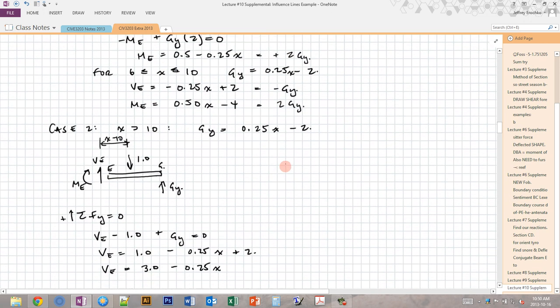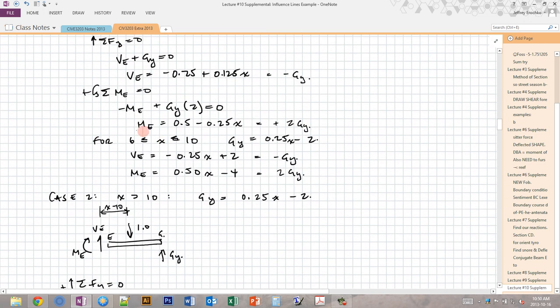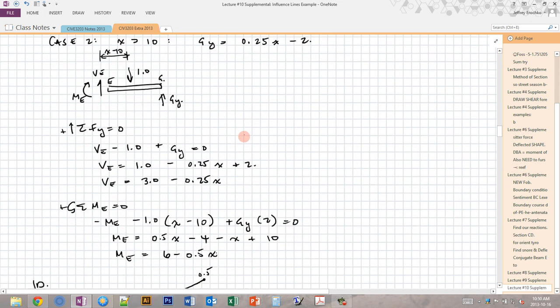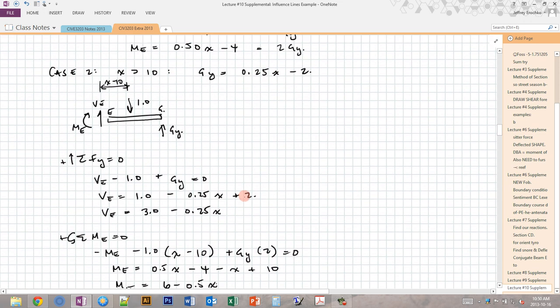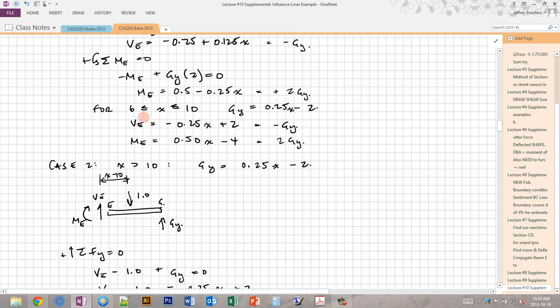And then our next big location is at 10. So actually, let's look at 6 again on the other side of C. So if we put 6 in here again, we get 0.25 times 6 is negative 1.5 plus 2, right? It's going to be plus 0.5. So at C, both sides of C are plus 0.5.